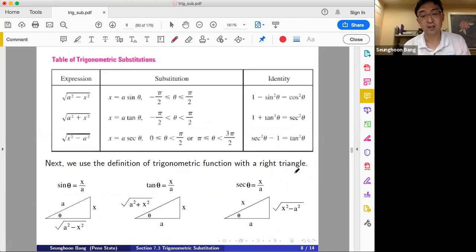I'll explain this table in a little more detail on the whiteboard, which is better.